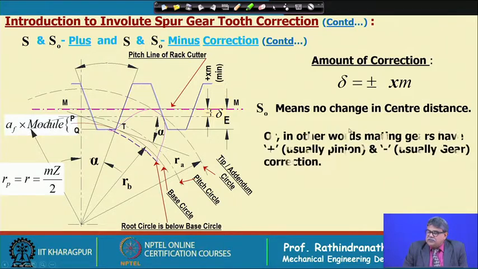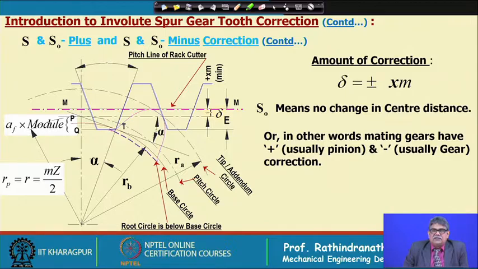Now, S0 means no change in center distance. Again we should keep in mind that we are giving the corrections in such a way that there will be no change in center distance, then we call this an S0 gear, but actually there is no meaning when it is not meshing with the gear for which it is designed. And S means a center distance change is possible.